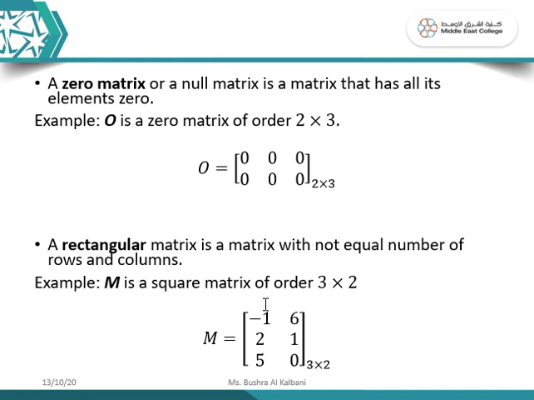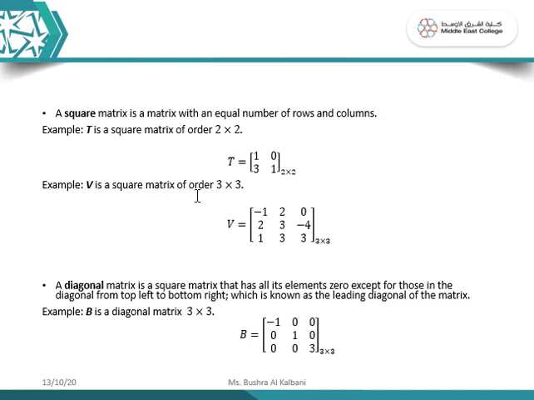A rectangular matrix means the shape of the matrix is rectangular: the number of rows is not equal to the number of columns. If you see here 3, 2, they are not equal. If they are equal, we call it a square matrix.